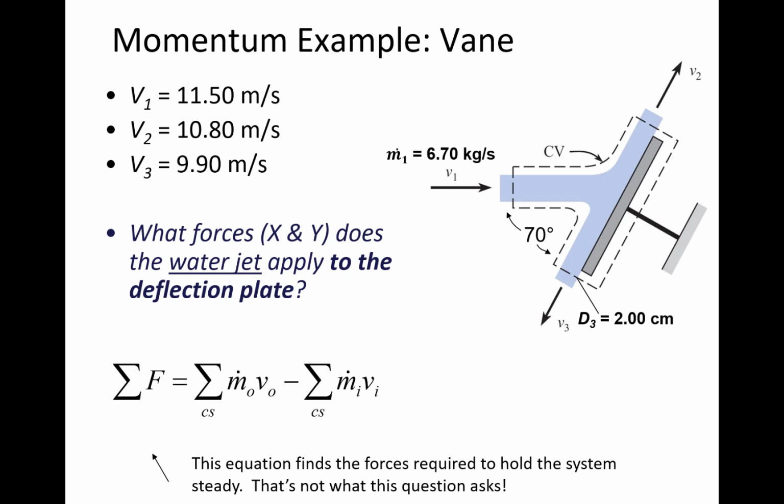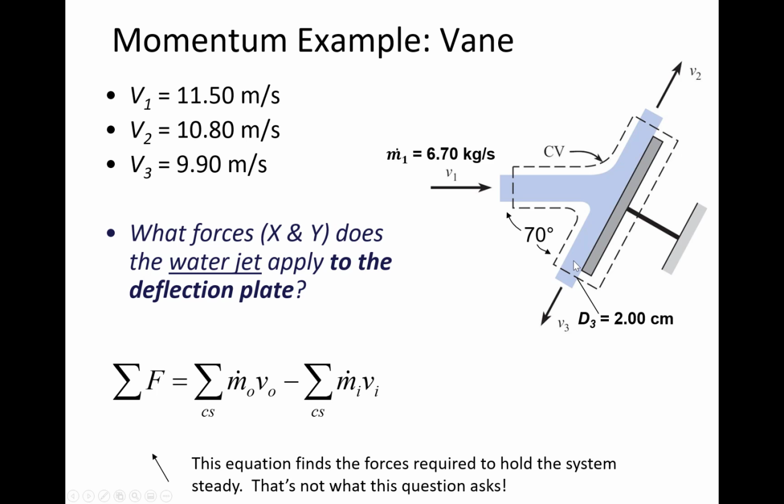Okay, so my suggestion for how to tackle this is, first of all, deal with continuity. m dot 1 is given. What is m dot 2 and m dot 3? So solve for m dot 3, because you're given the diameter, and we'll assume a circular jet.